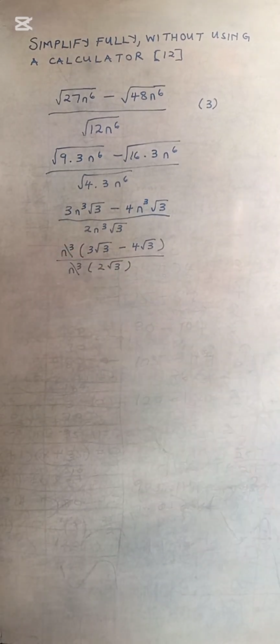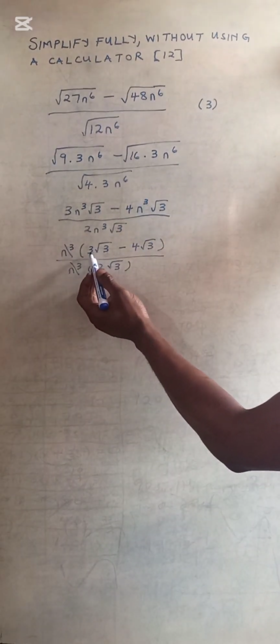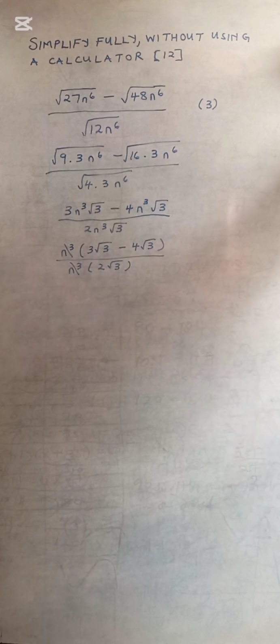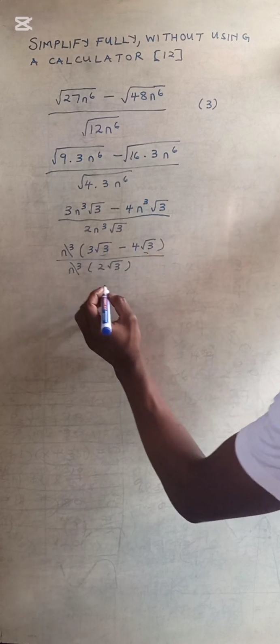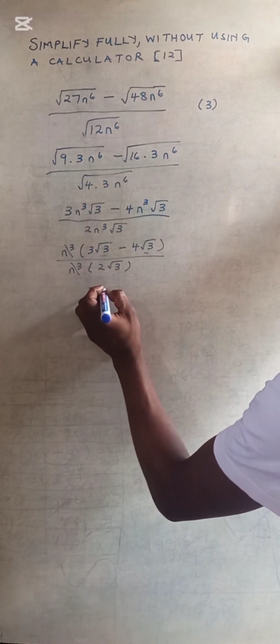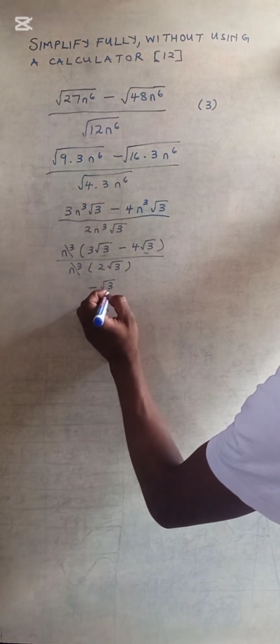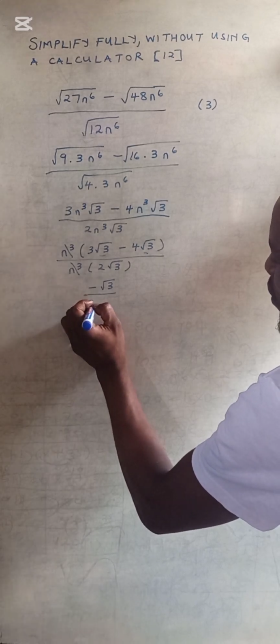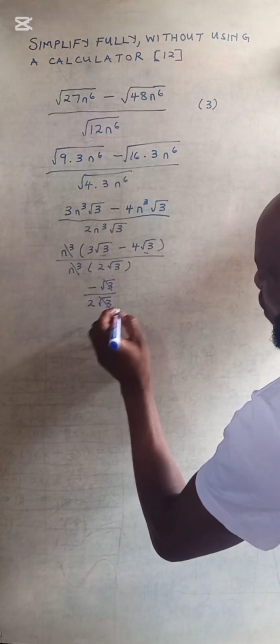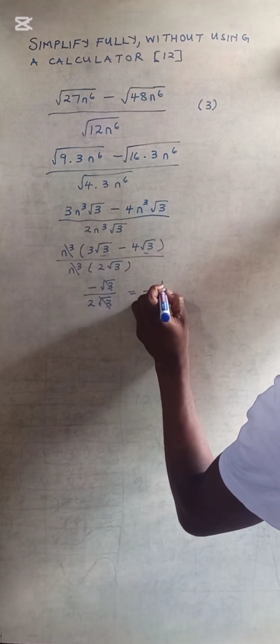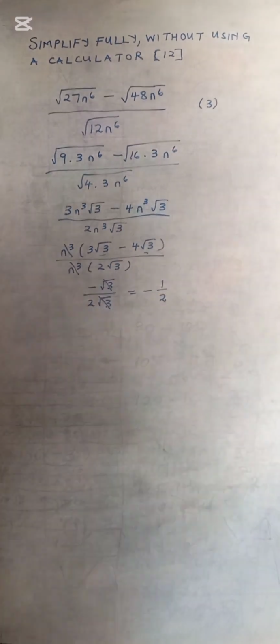This one will cancel out with this one. Therefore, the square root of 3, 3 the square root of 3 minus 4 the square root of 3. These ones are the same, so this is the same as 3 minus 4. This is minus 1. So this will be minus the square root of 3 divided by 2 the square root of 3. These ones will cancel. Therefore, this is the same as minus a half.